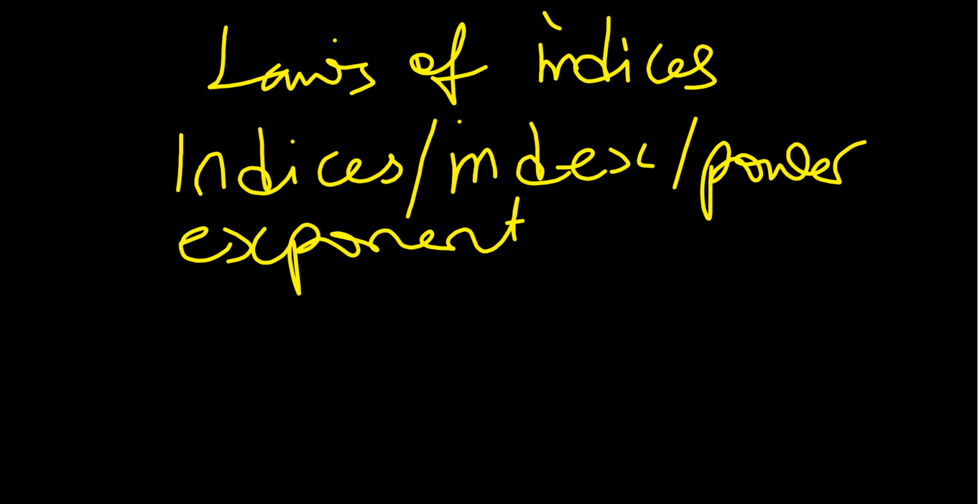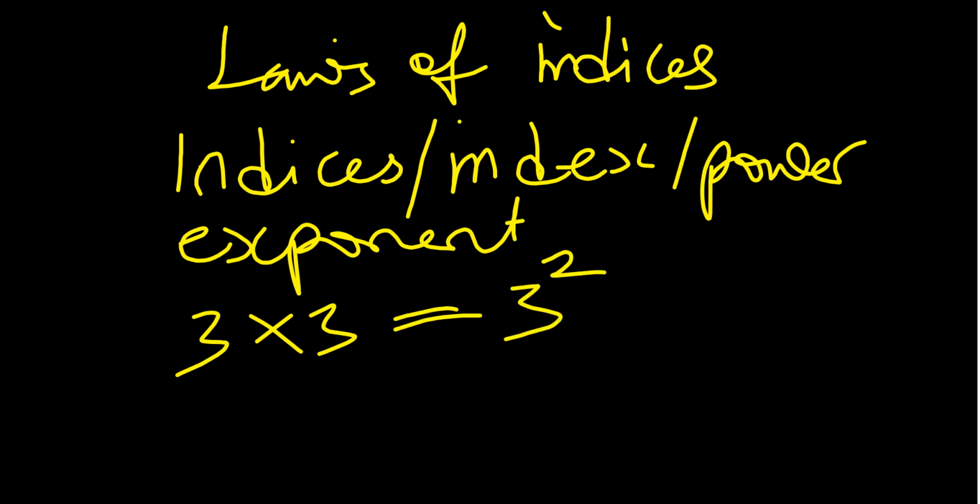So if we have 3 times 3, it can simply be expressed as 3 raised to power 2. So it multiplies itself 2 times. So we have a power of 2, or you can call it an exponent of 2 or an index of 2, while 3 on its own is called the base number or the base variable.